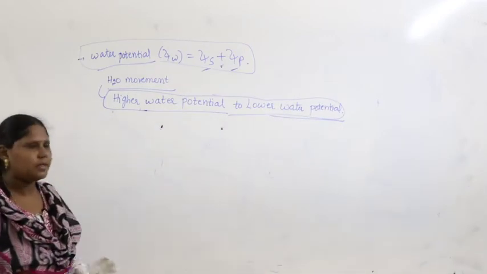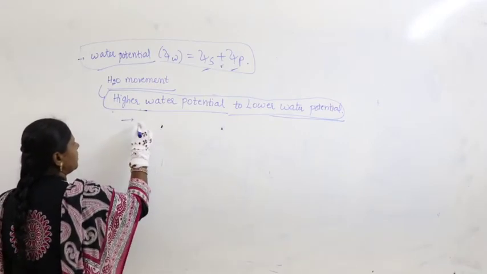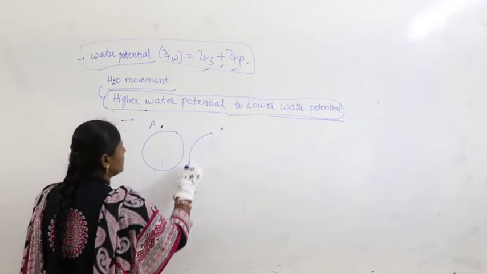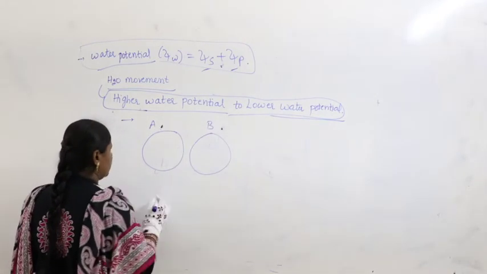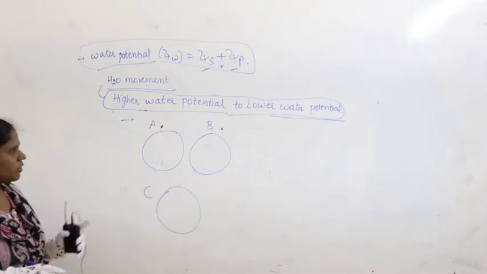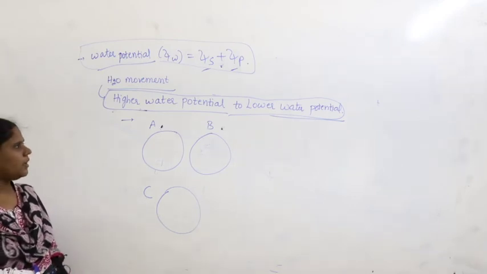For example, let us take 3 cells. Later I will give you some numerical problems. Let us take cell A, cell B and cell C. There is a continuous movement of water happening, so where to where is the movement happening?